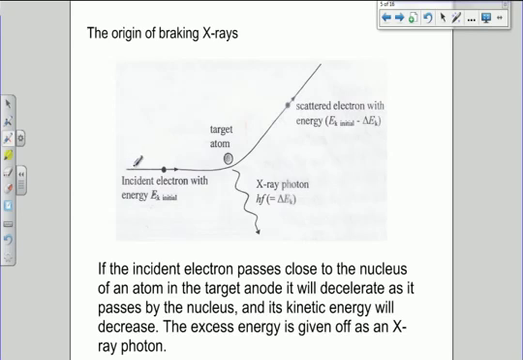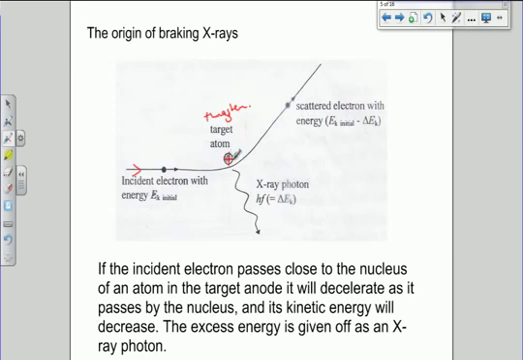Alright, so an electron can be incident on the tungsten anode and actually penetrate the material. As it does so, some of them at least will come across the nuclei of the target atoms, which are usually made of tungsten. So this one is a nucleus of an atom of tungsten.